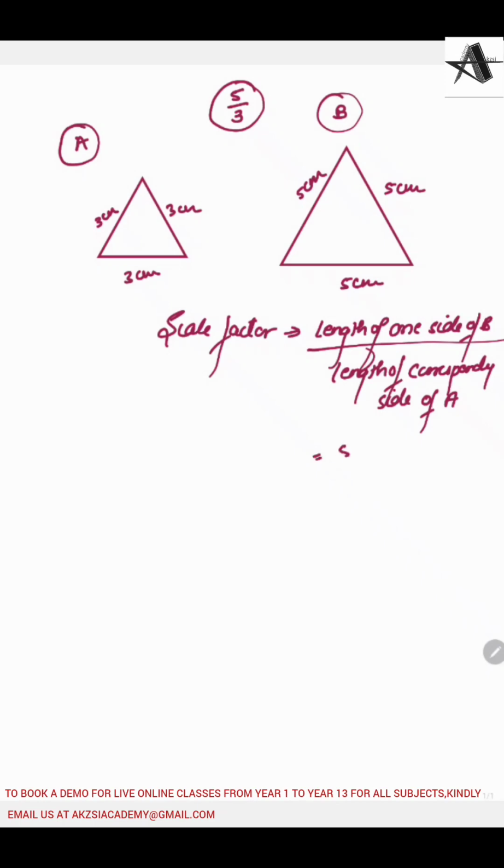This is 5 centimeters. And the corresponding side is 3. So 5 over 3 is the scale factor from A to B.